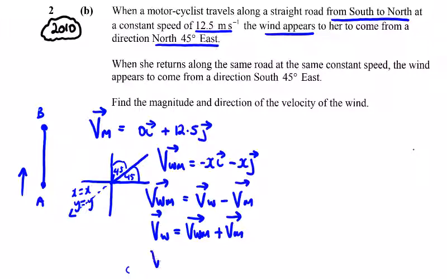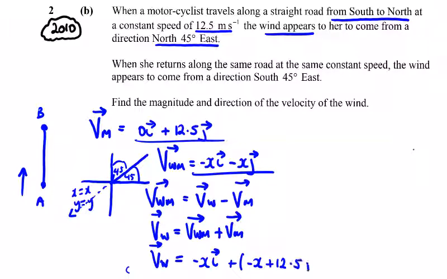So the velocity of the wind in this first case is going to be equal to this guy plus this guy. So we're going to have minus X in the I direction, and we're going to have minus X plus 12.5 in the J direction. Okay, that's scenario 1.